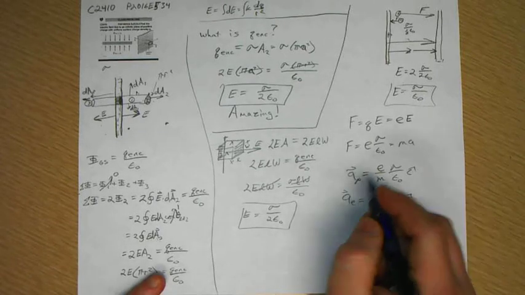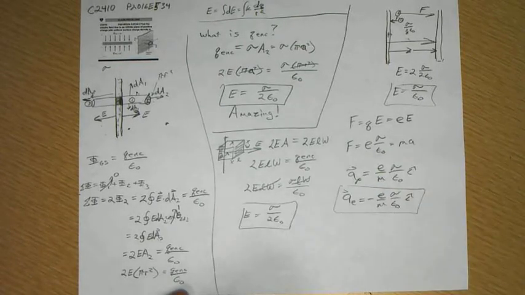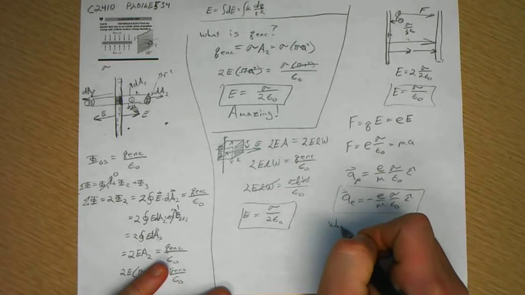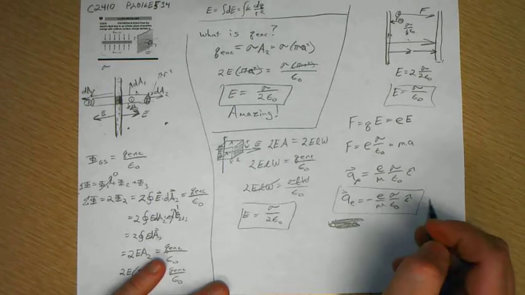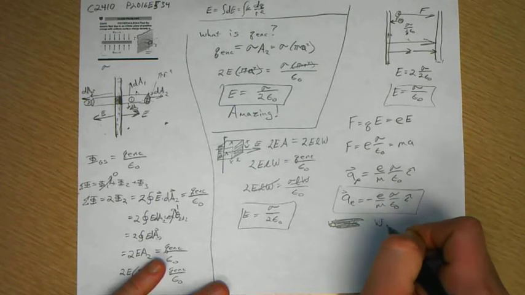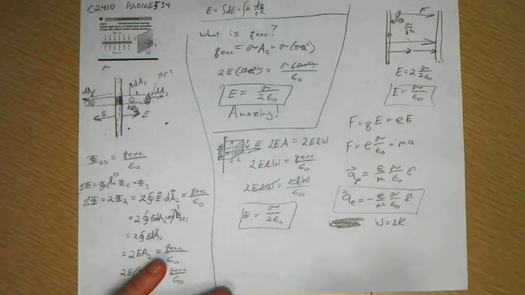So you could take this and dump it into kinematics and find velocity or whatever, or you could look at work-energy balance, where the total work on something equals the change in kinetic energy.